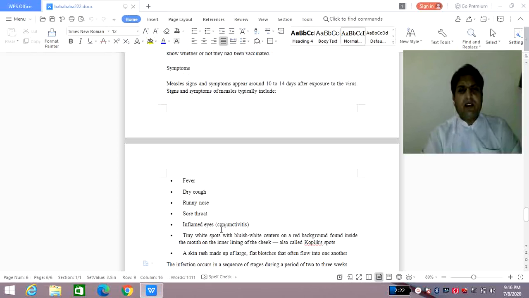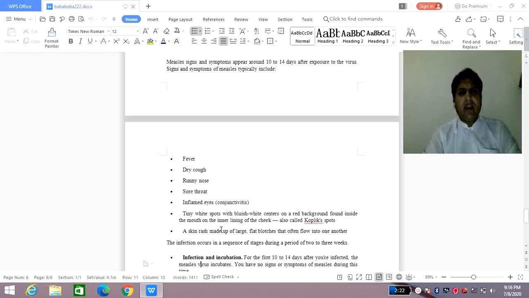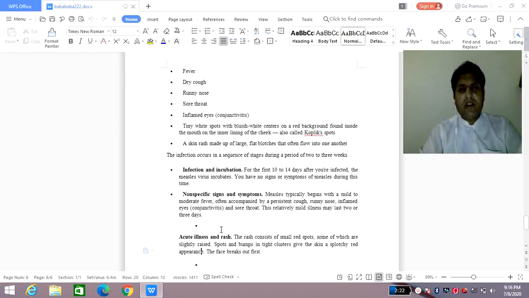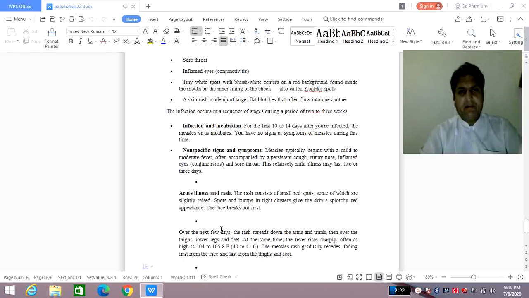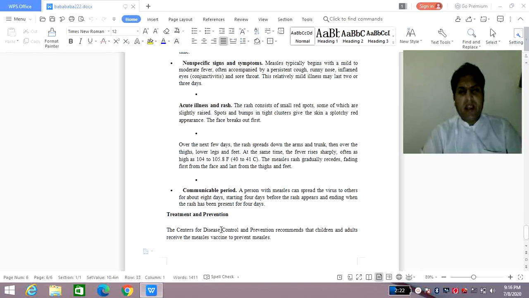The most common signs and symptoms are high body temperature or fever, severe dry cough, runny nose, sore throat, inflamed eyes, and most commonly in measles, severe rashes on the entire skin. The communicable period is very important, during which this virus can easily be transmitted from the infected person to a normal one.